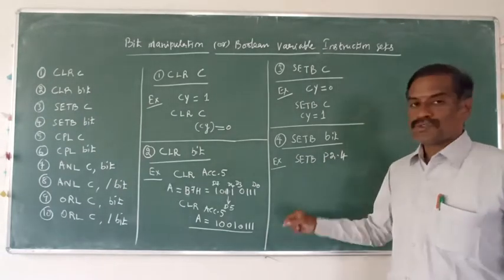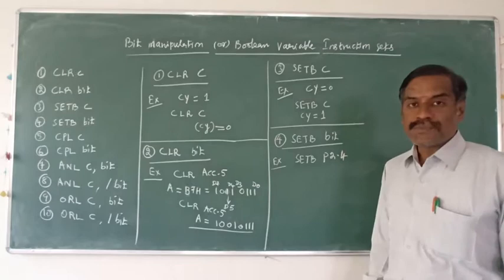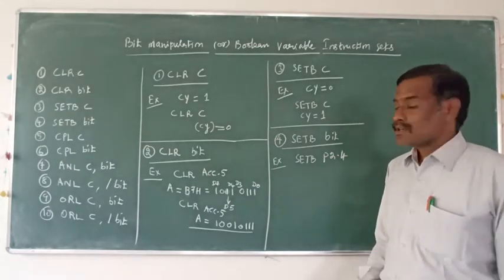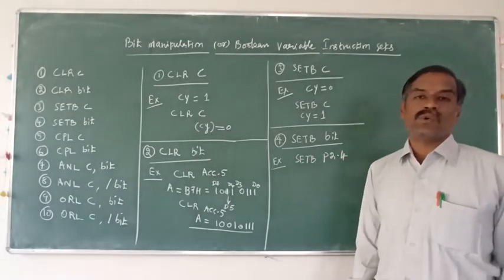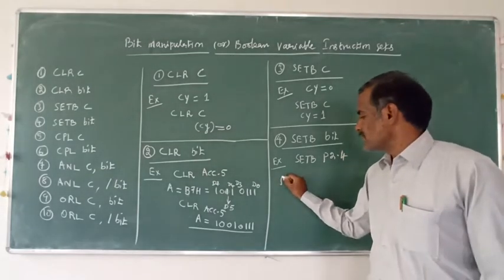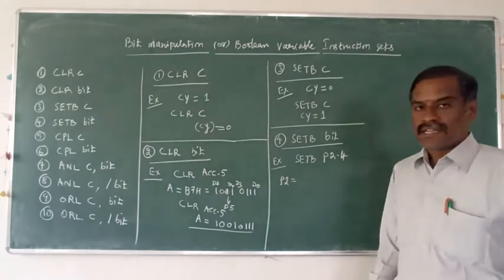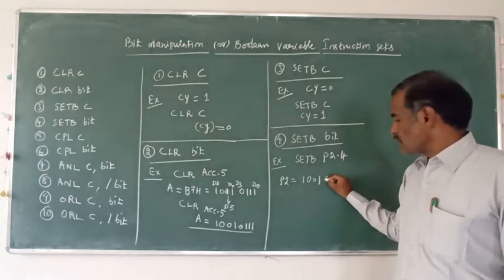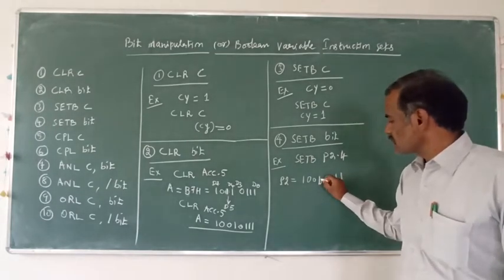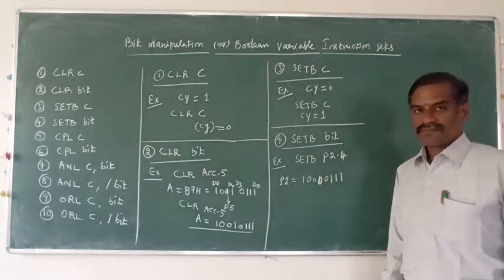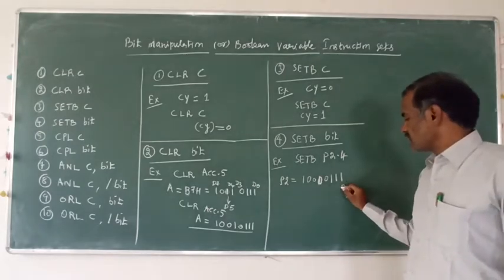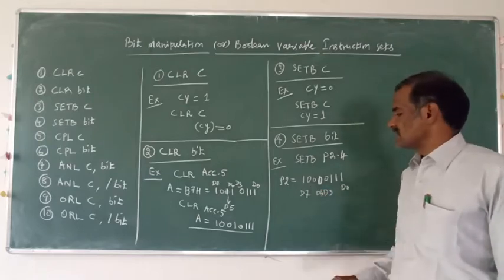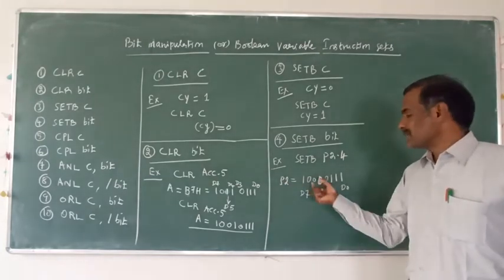Here P means port. Which port? Second port. In port 2, the fourth bit is set to 1. This is port 2, 8 bits, suppose 1, 0, 0, 1, 0, 1, 1, 1. This is D0 bit, D3, this is D4, and this is D7. This is the port 8 bit data.